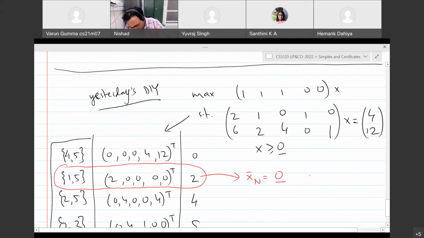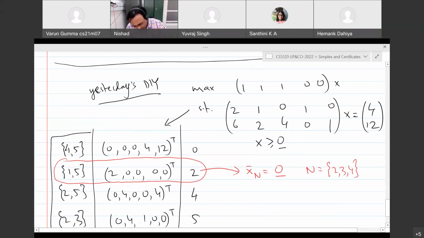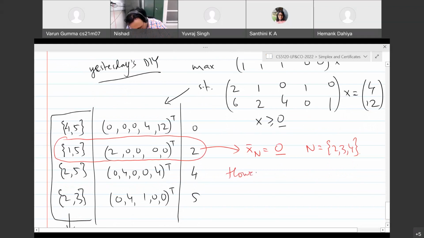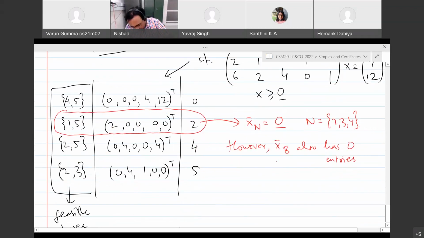Where n is instead of 1, 5, it is the columns 2, 3, and 4, and all of those entries are 0. However, X bar B also has 0 entries. What is X bar B? It is 1 and 5, so it's 2, 0.